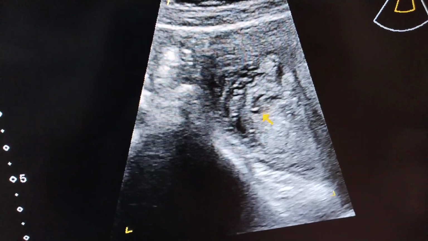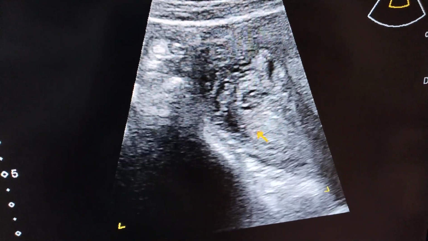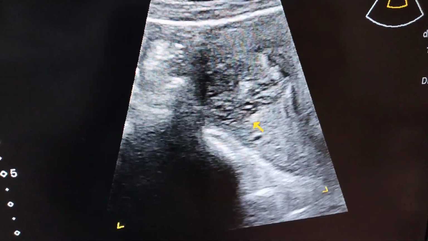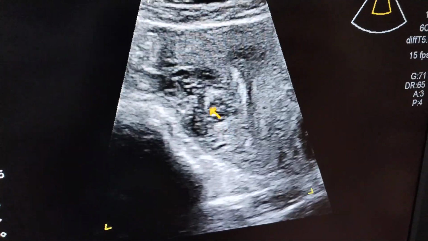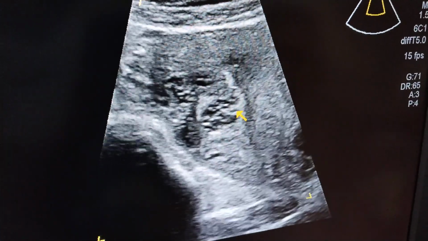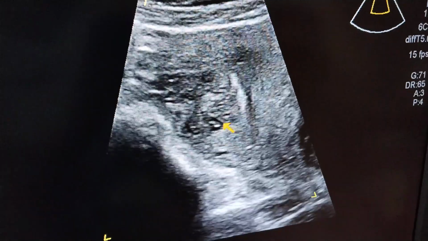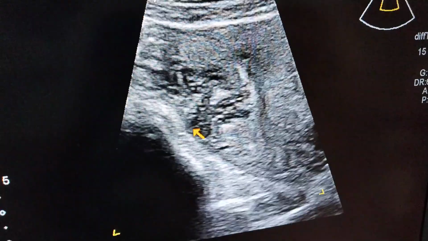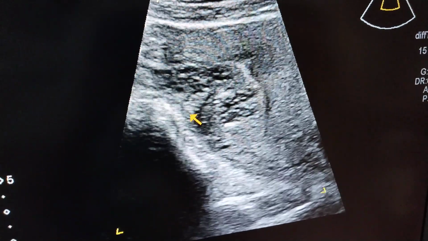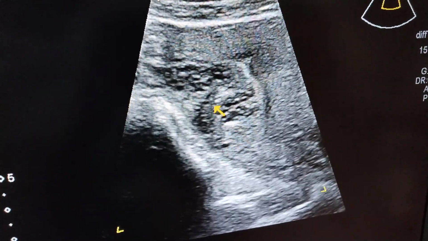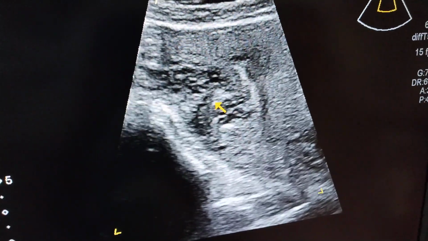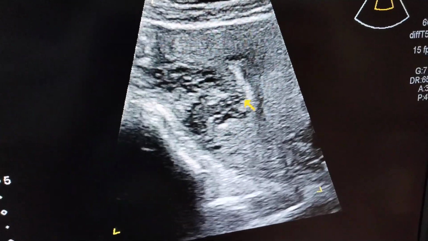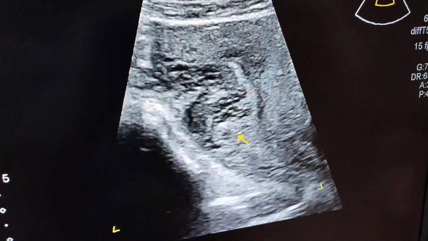And look here, this is the echogenic area. This is the endometrium, which is of normal thickness, and these are starting from the myometrium here also, and then they are penetrating the whole myometrium, entering into the uterine cavity, and then touching the endometrium.